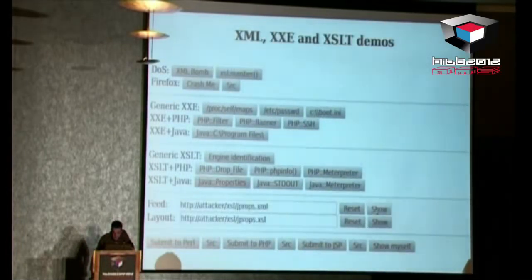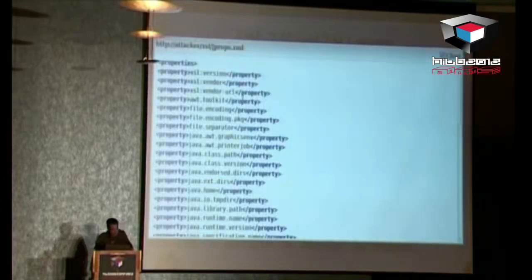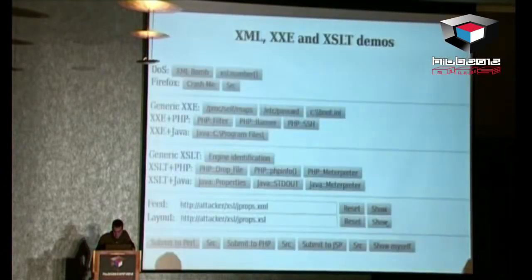Okay, this one. So for the loop demonstration, we have a very large list of Java properties, and we want to get their values. And we get a for loop here.